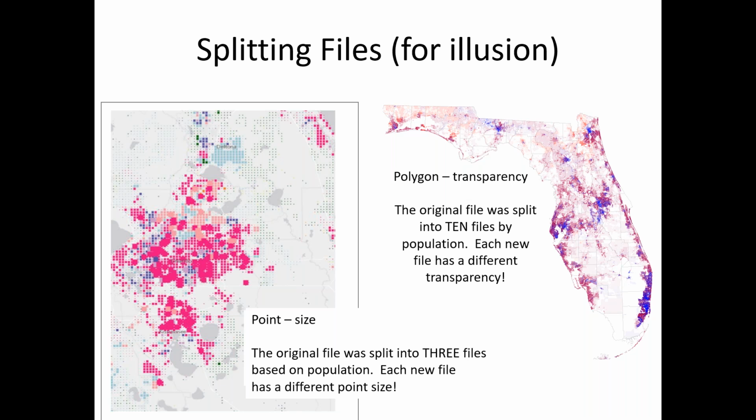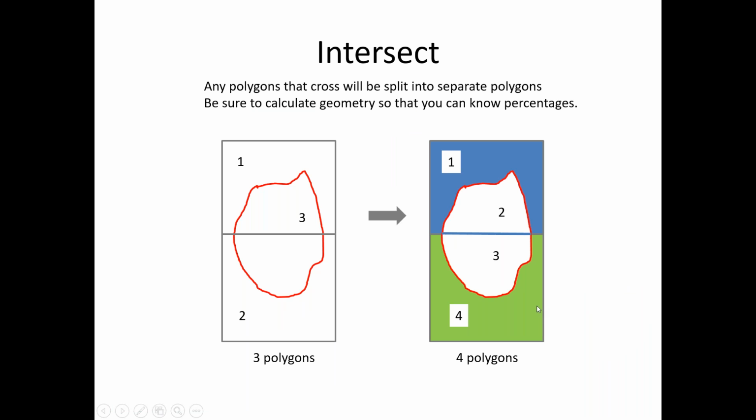So we have high, medium, and low population, and then you style all three of them. Now the map on the right is an election map, and it uses transparency. Transparency applies to the entire layer of GIS. So basically this is 10 files. It was split into 10 files, each with a different layer of transparency. So this is another tool you can use.